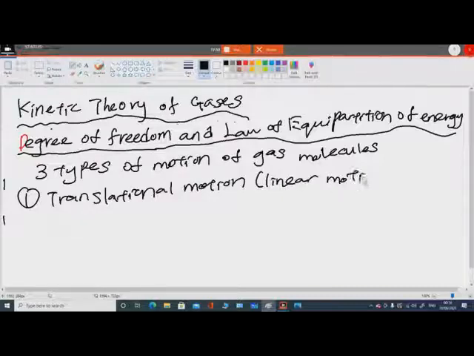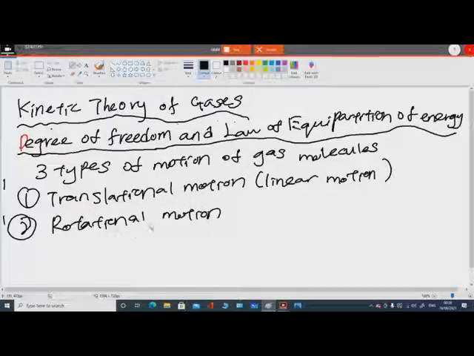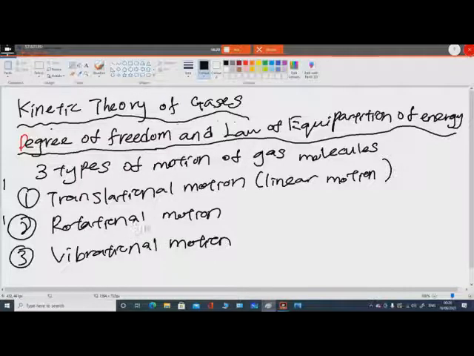For the second one, we have rotational motion, which of course relates to the rotation of the gas molecules. For the third one, we have vibrational motion, which is the vibration within the gas molecule itself.